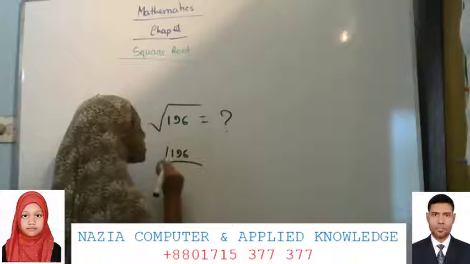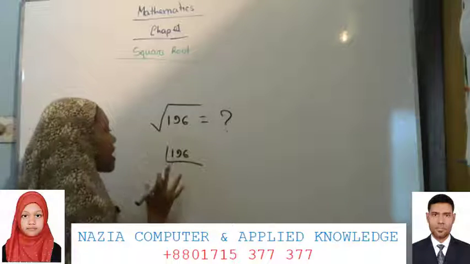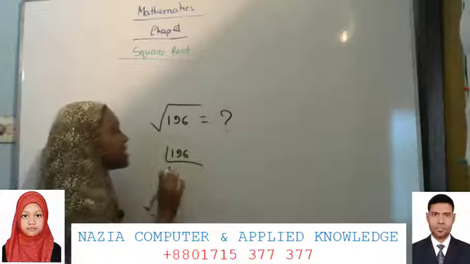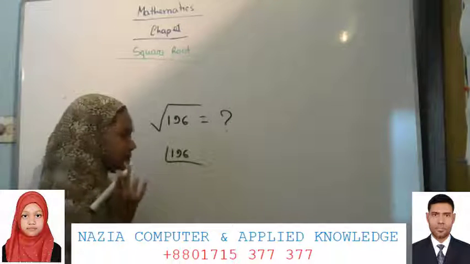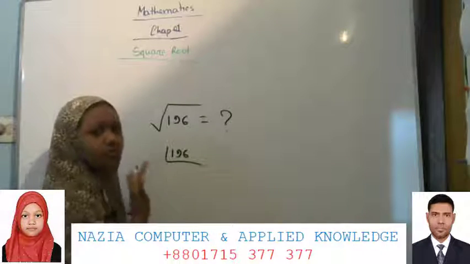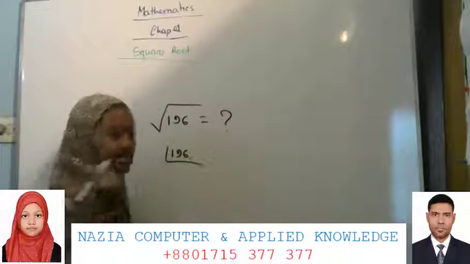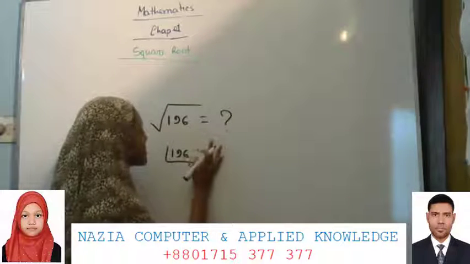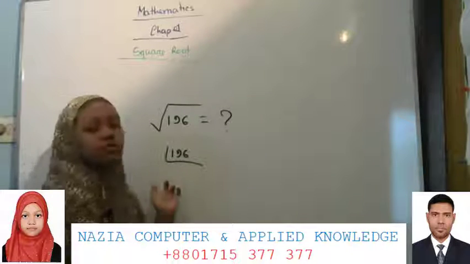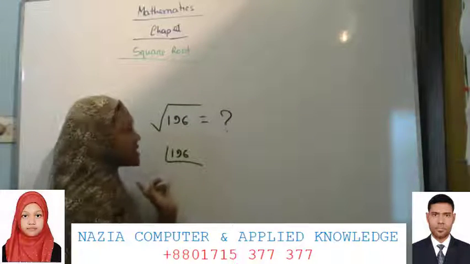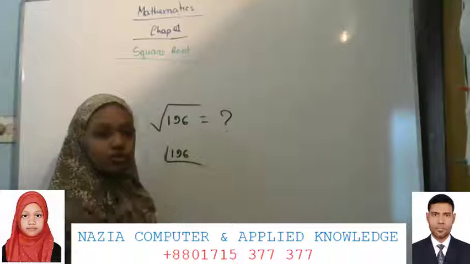First, what are the factors of 196 and what is the lowest factor of 196. We know that as the last digit is 6, it is an even number, so this whole number 196 can be divided by 2.